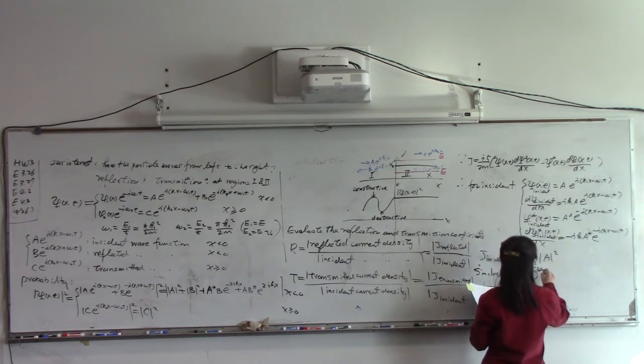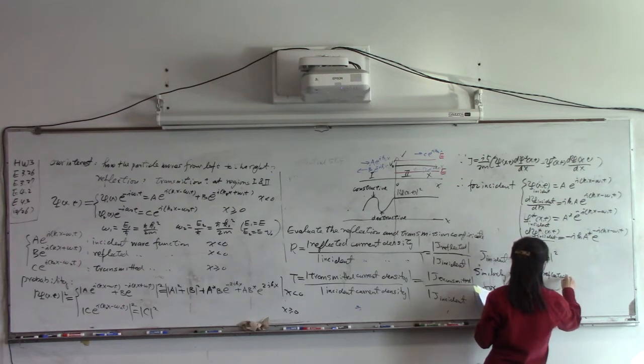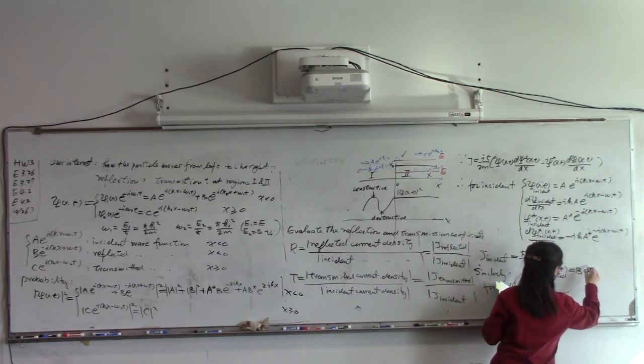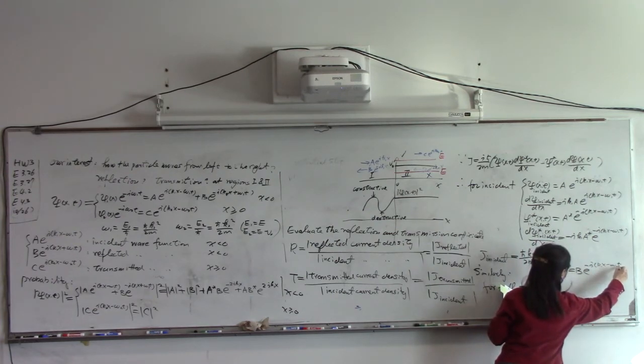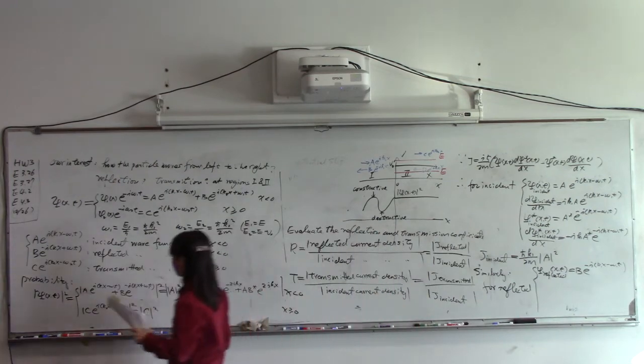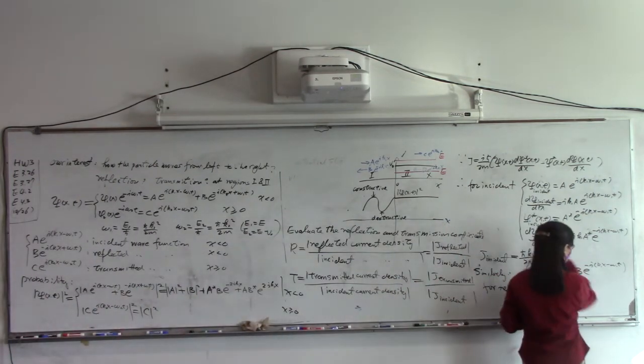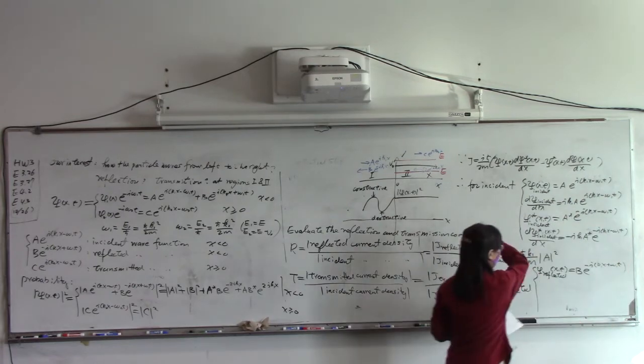The reflected wave function is B exponential minus i k1 x plus omega 1 t, right? Because this goes in the left direction.